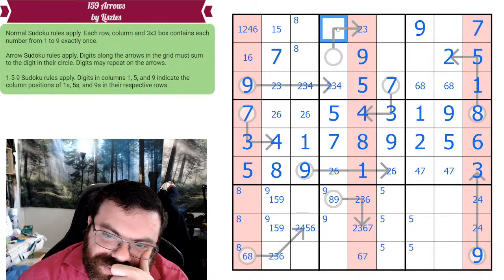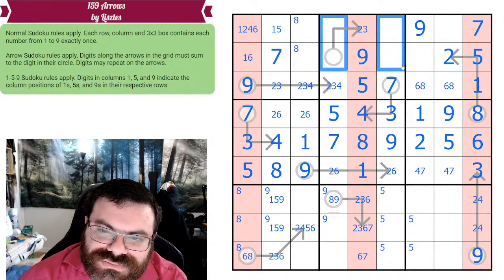This can't be a 2. None of these can be 2s.